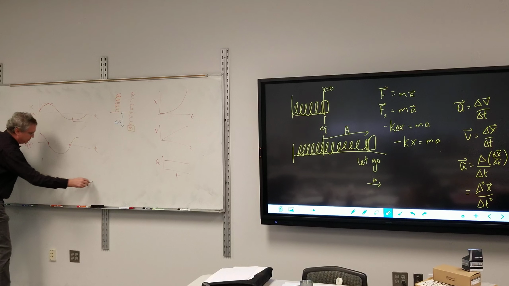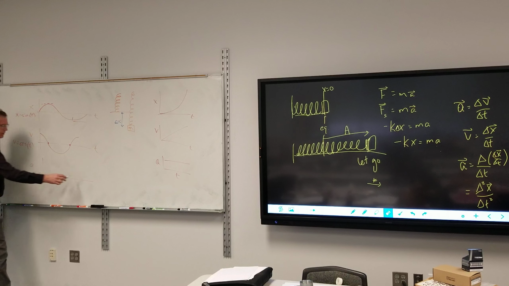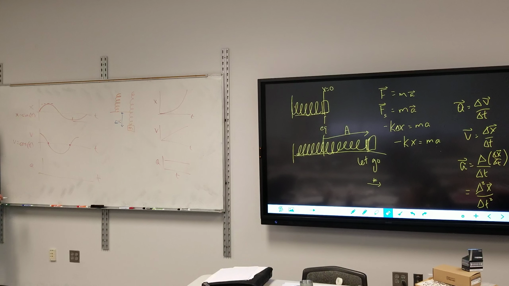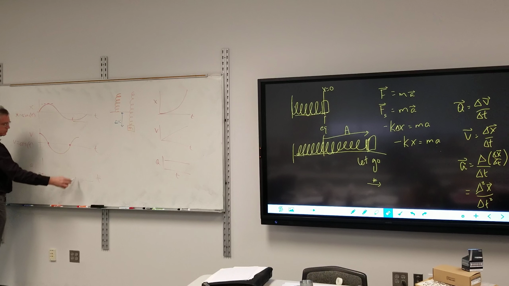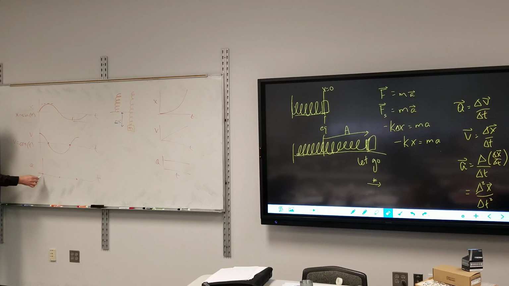And if I then did the slope of that, well, it starts out, that's supposed to be 0 there. It's 0 here, the slope is 0 here. The slope is negative, the slope is positive. And that looks like the upside down version of this. This is the negative, so acceleration is the negative sine of t.